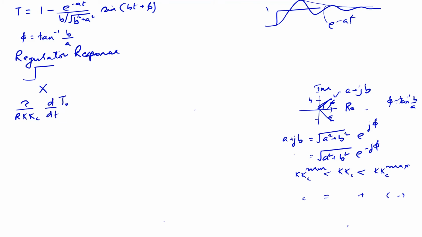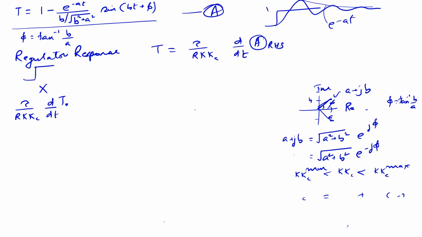So if T naught is varying as a step, then if the forcing function was a step, this would have been the response, but the forcing function is the derivative of a step times tau by r k k c. So therefore the actual response is going to be tau by r k k c times d by dt of the right hand side of this equation.